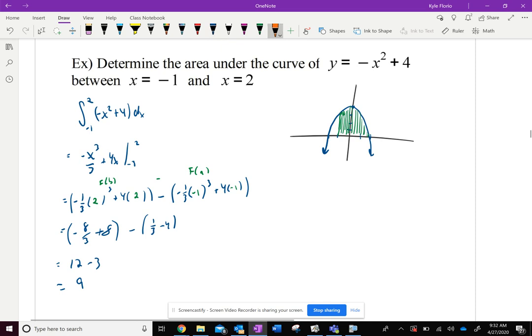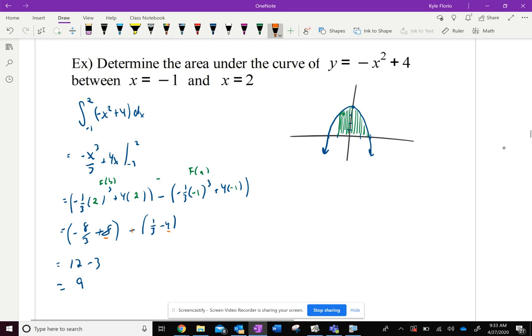Let's check this out. 8 times 3 is 24. 24/3, that's 16. And then 1/3 minus 4. Oh, I know what I did. 8 minus 4 is 4.